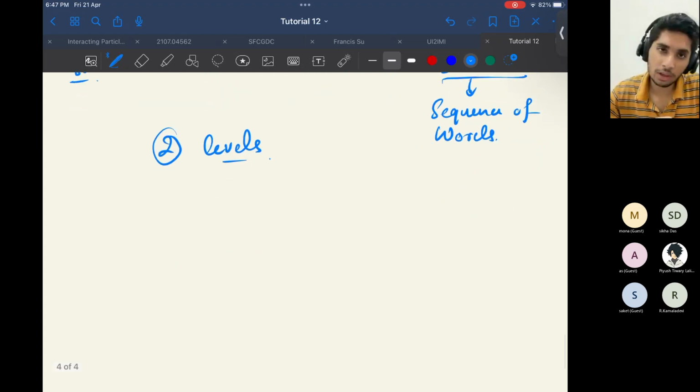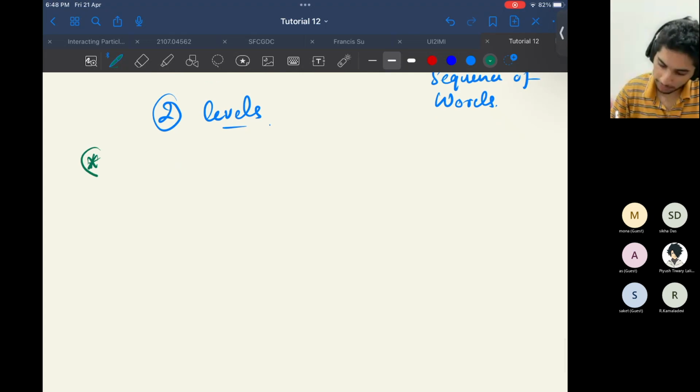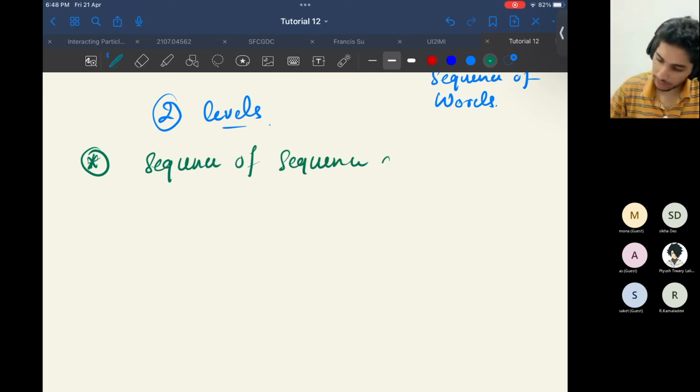However, it is not necessary that the level will always be two. It is possible that you have to deal with something like a sequence of sequences.